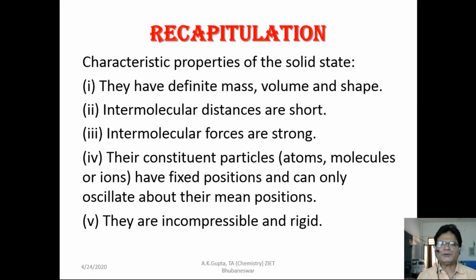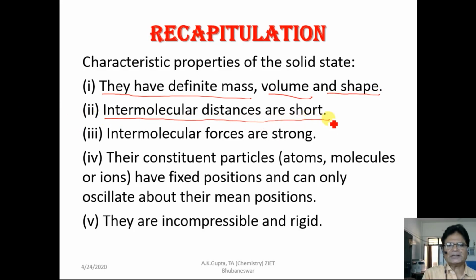Let us recapitulate. These are the things you have studied. They have definite mass, volume and shape, solid shape. The intermolecular distances are short in case of solids. The intermolecular forces are strong in case of solids.